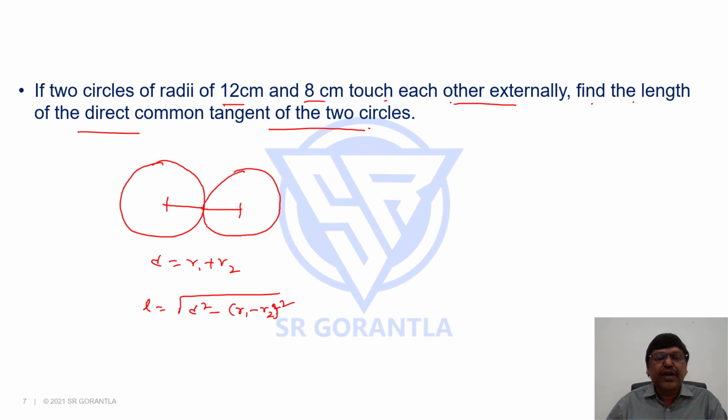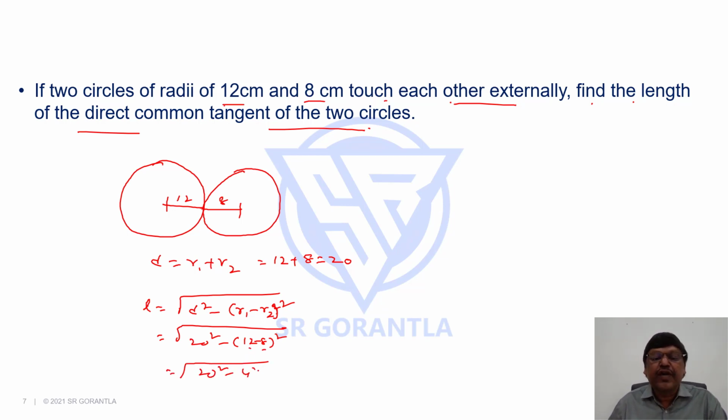Now, if I apply here, the radii are 12 and 8, so d equals 12 plus 8, 20. Now, length of this direct common tangent is square root of d square, 20 square, minus (12 minus 8) whole square. That is square root of 20 square minus 4 square.